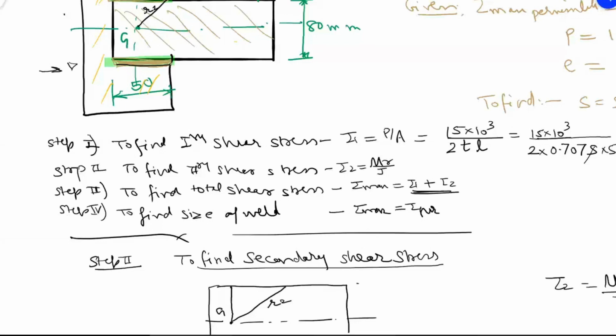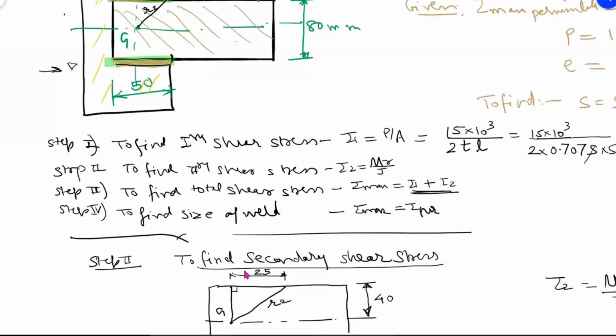What is the distance from here to here? This is 40. This is a right angle triangle. Then what is this distance from here to here? This is 25. So what will be the value of R2?